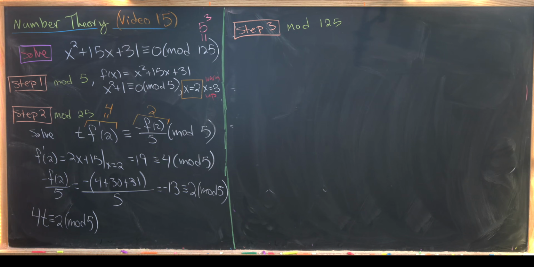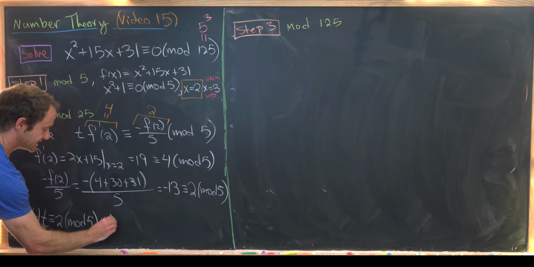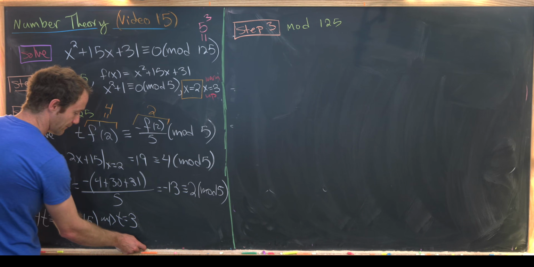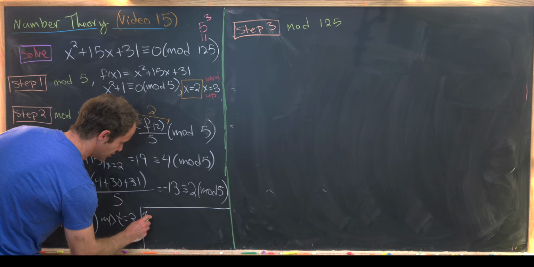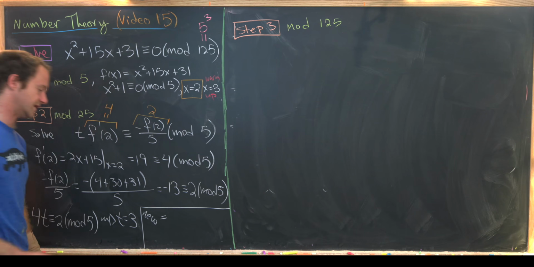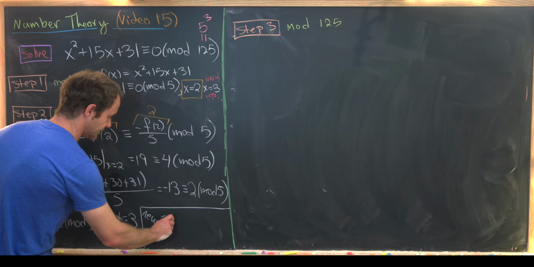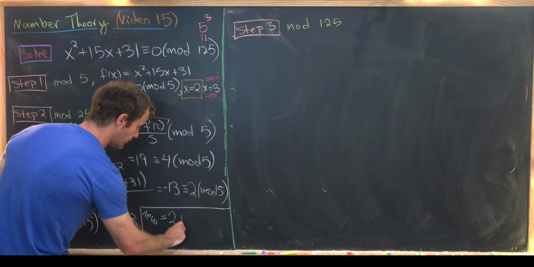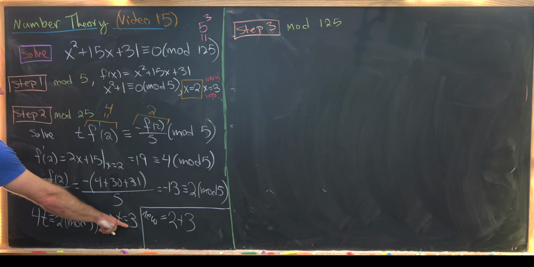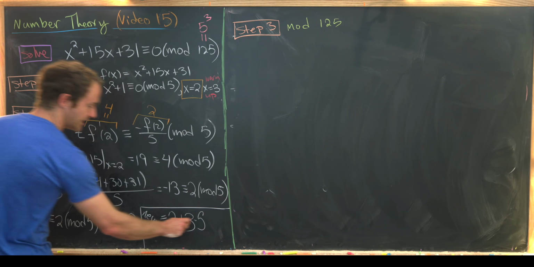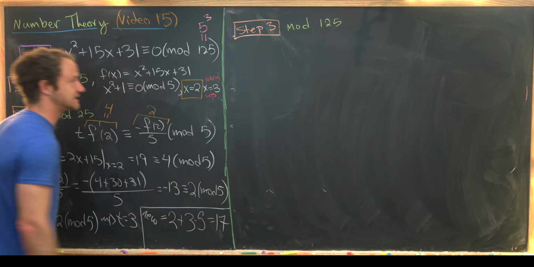It's easy to check that a solution to that is t equals 3, from the theory of linear congruences. So our new solution will be equal to our old solution, 2, plus 3 times the first power of 5. So in the end, that is 17.